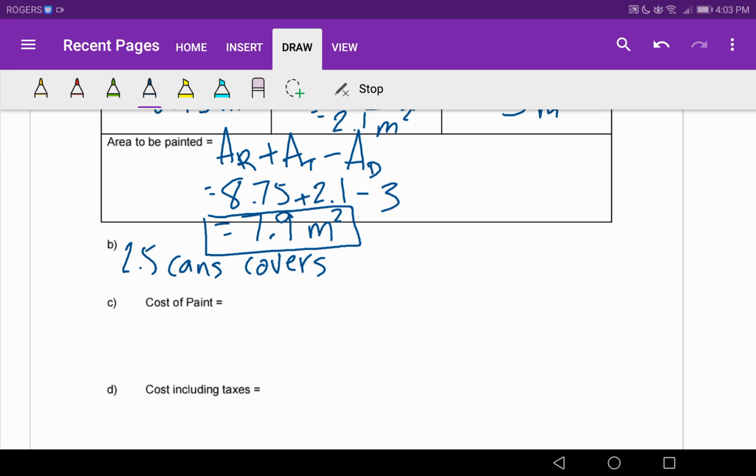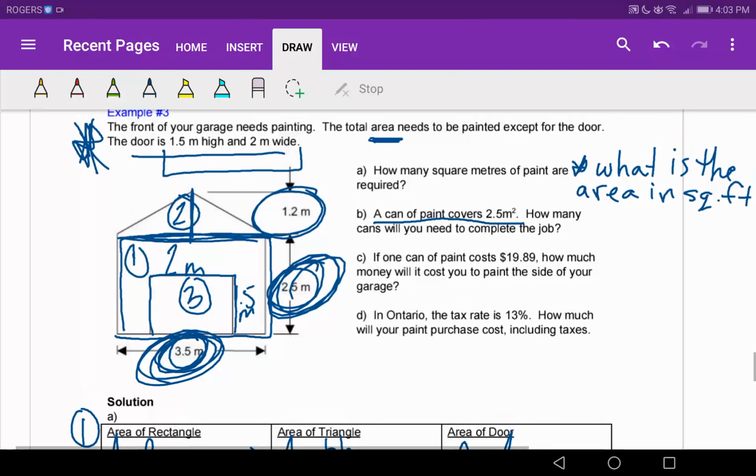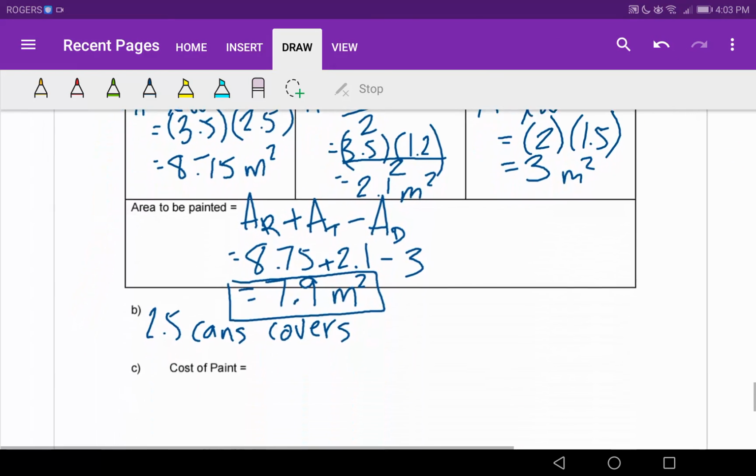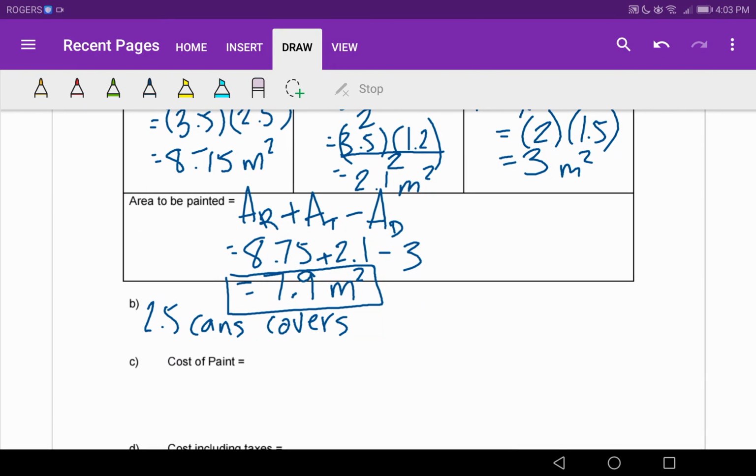How much did it say? How much does it cover? Oh, 2.5 meters squared. 1 can covers 2.5 meters squared. That's my bad. So I wrote that wrong. Okay, so 1 can equals 2.5 meters squared.